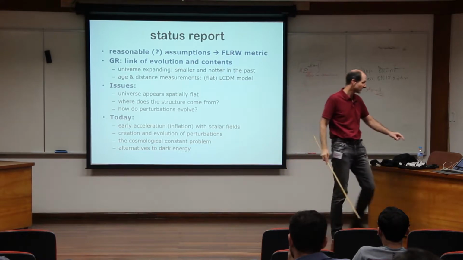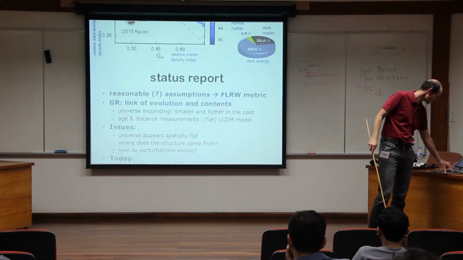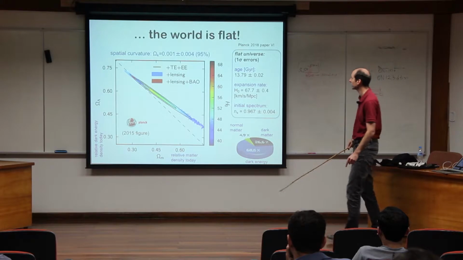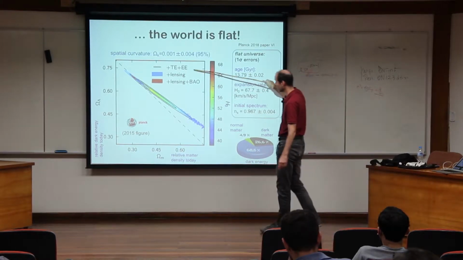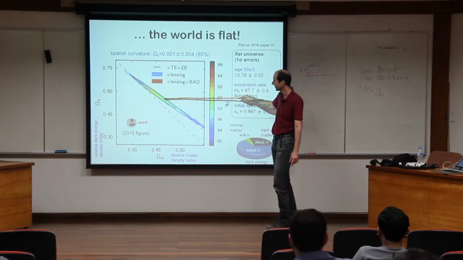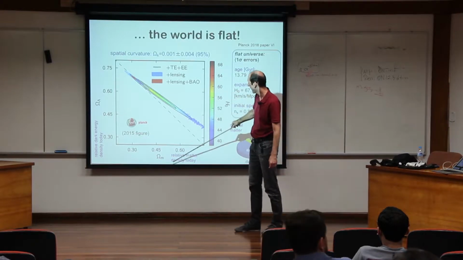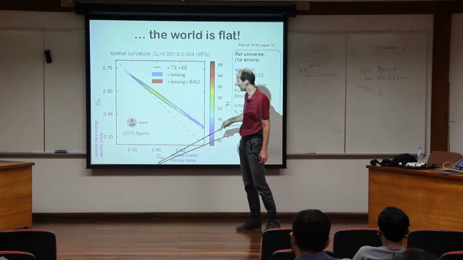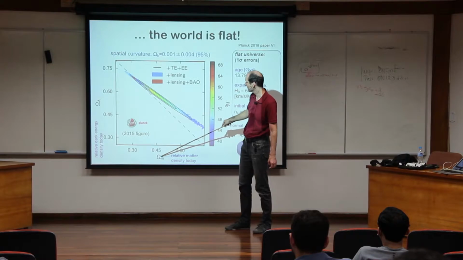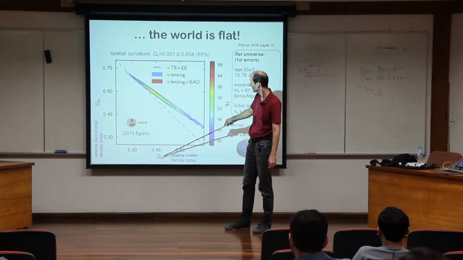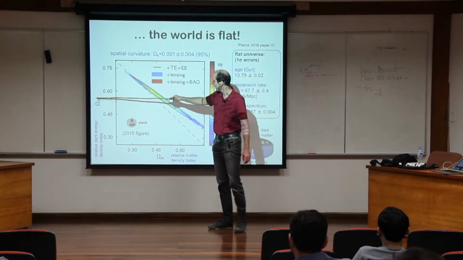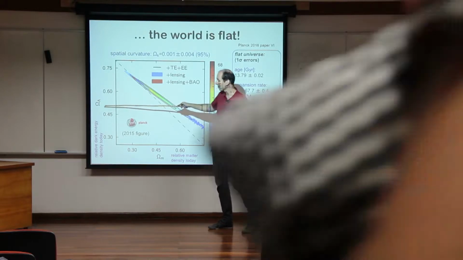Just to remind ourselves of the constraints that we have: I will discuss what the data is a bit later, but you should know what the omegas are. That's the relative density in matter relative to the density that makes the universe flat, and the relative density of this cosmological constant.